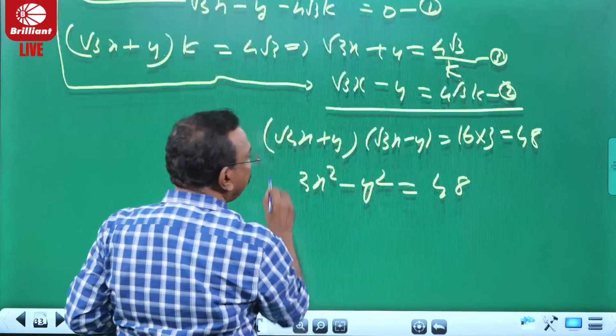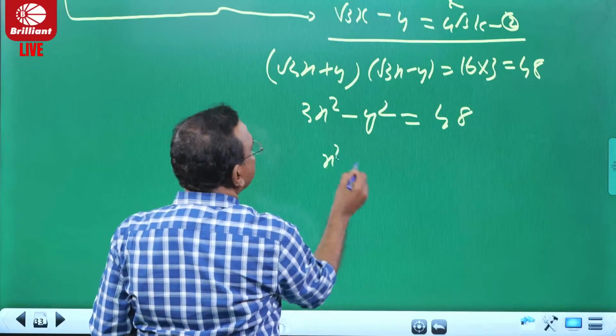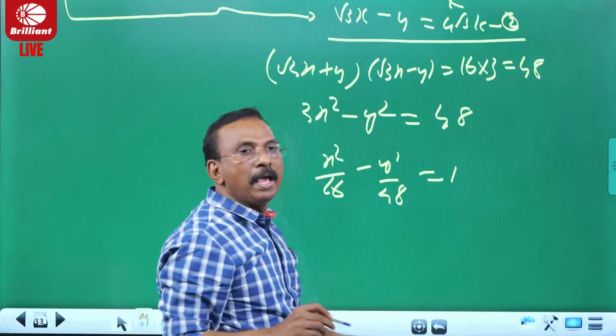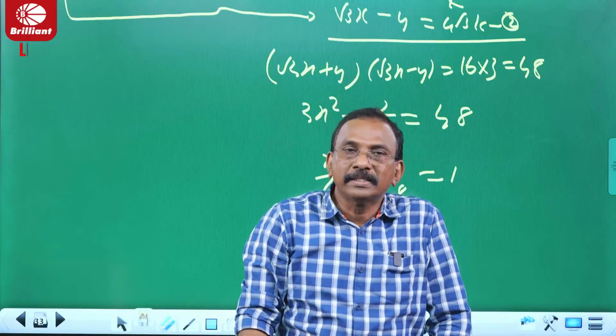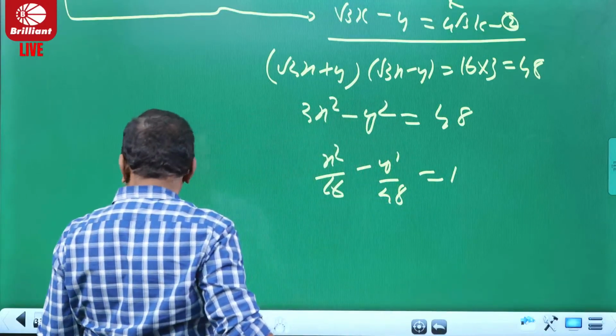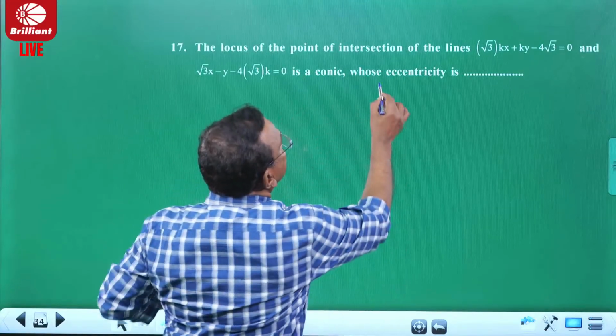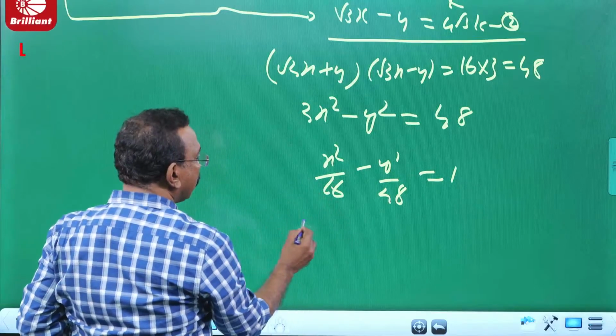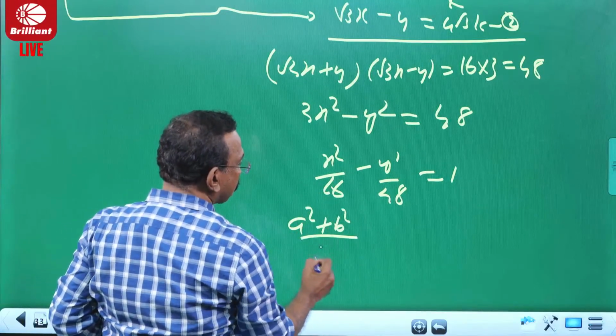Dividing by this number, you can see that x square by 16 minus y square by 48 is equal to 1. This is a hyperbola. Our problem is to find the eccentricity of this hyperbola. How to find eccentricity? For a hyperbola, e square is equal to (a square plus b square) by a square.